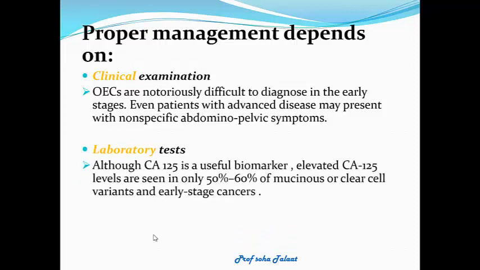Laboratory tests like the CA125. CA125 is a useful biomarker. However, elevated CA125 is seen in only 50 to 60% of the mucinous and clear cell variants and in early stage cancer. So it is specific but not so sensitive to the ovarian cancer. And then came the radiological assessment.